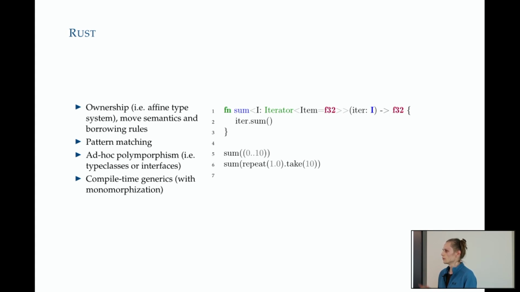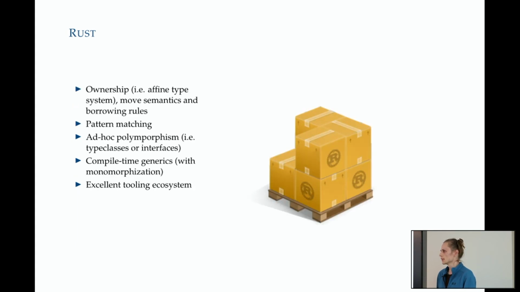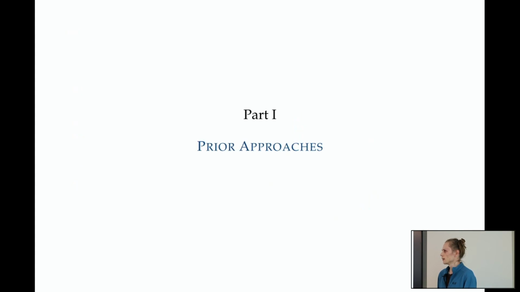This is the point we come back to later on, where we integrate Enzyme into the compilation process. And we also have excellent tooling, so Rust is very well known for its Cargo build system and also for its community.